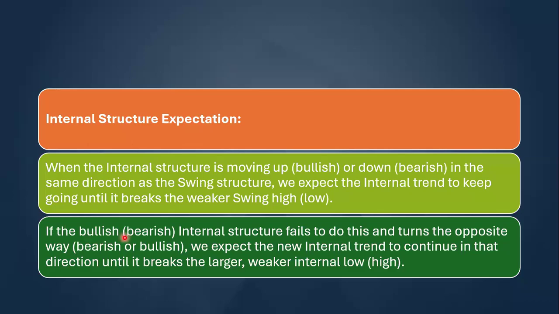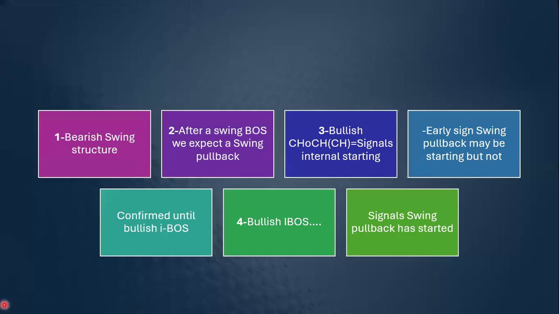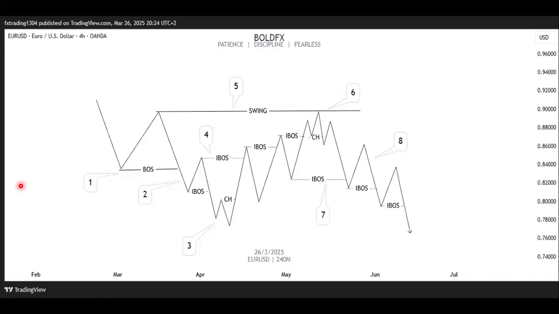So if the bullish or bearish internal structure fails to do this and turns the opposite way, bearish or bullish, we expect the new internal trend to continue in the direction until it breaks larger, weaker internal lows. So what that simply means is that imagine now that price has broken structure right there, created an internal lower high, creating a lower low after this break of structure, and then after this, price simply creates a break of structure right here.